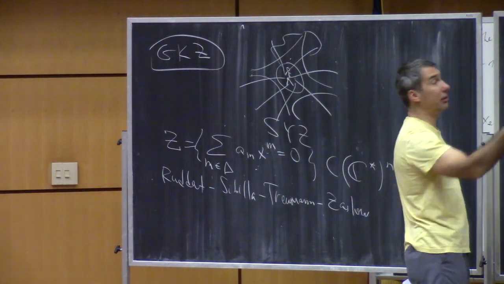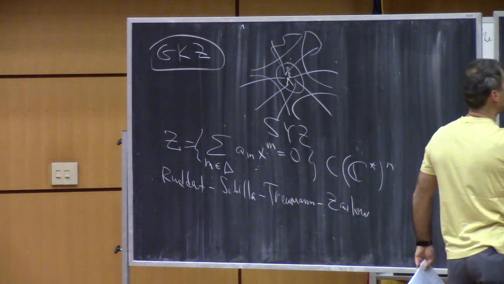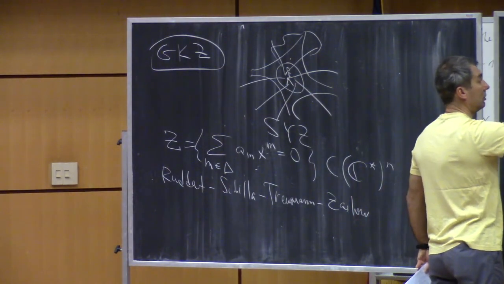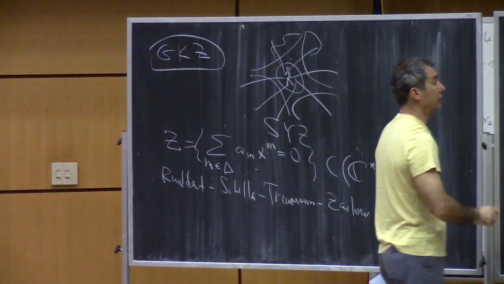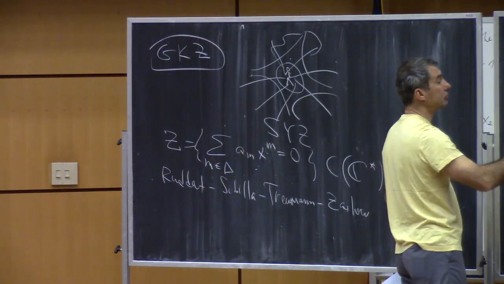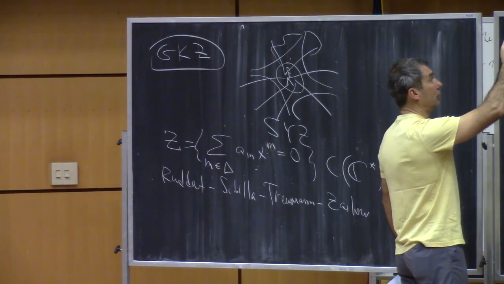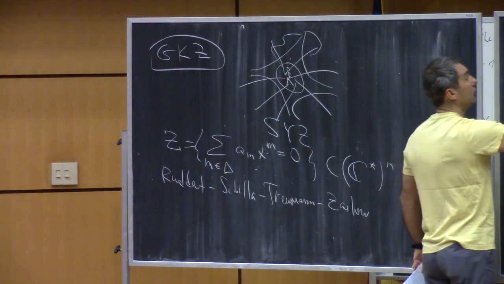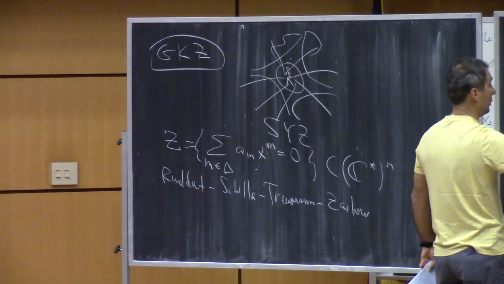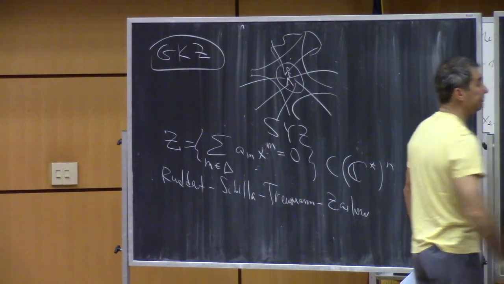Let me just give an example. Suppose we have a Newton polytope which looks like this. This is the origin, and this is (0,3), vertex (2,2), and (3,0), for instance.